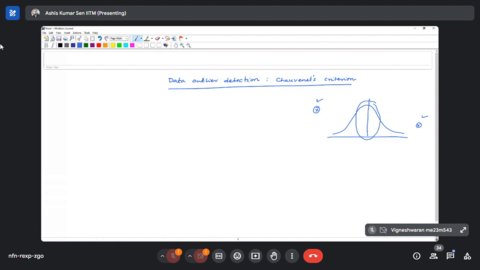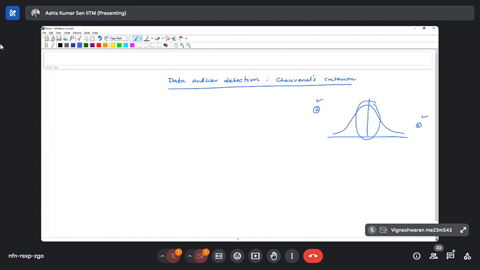So let's talk about how we approach this using this criterion called Sauvener's criterion. By default, Sauvener's criterion assumes that the data that you have follows the normal distribution curve, and you are looking for the outliers.